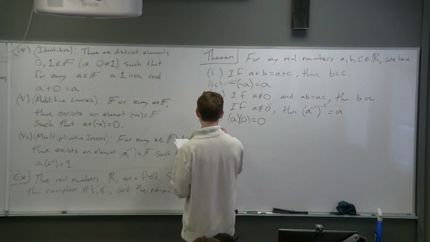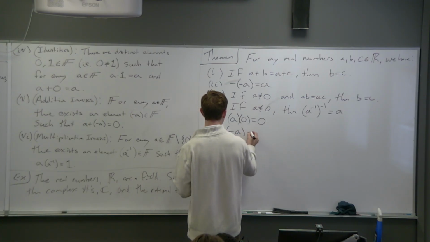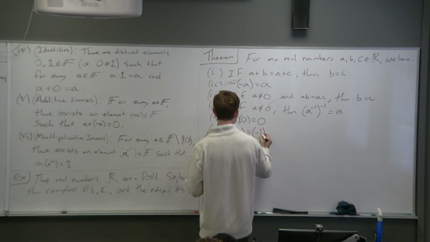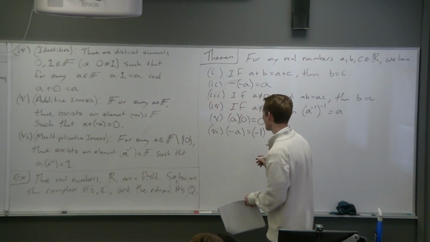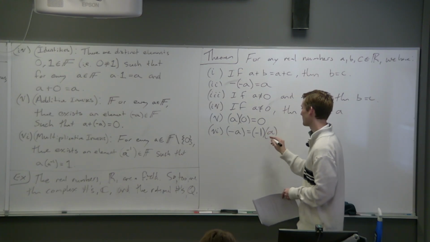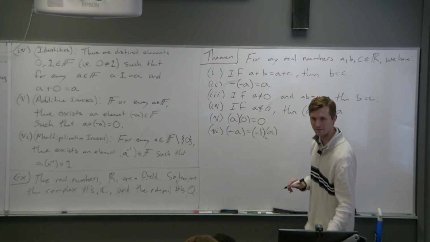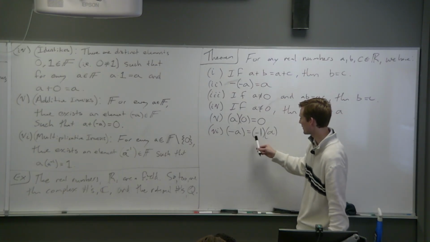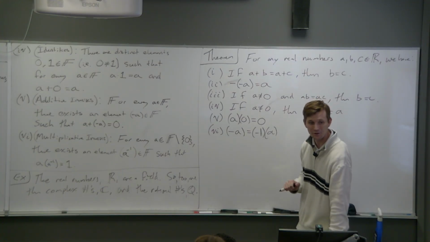6. So this says minus a is indeed equal to the additive inverse of the multiplicative identity times a. That is, minus a is minus 1 times a. This feels easy, right?